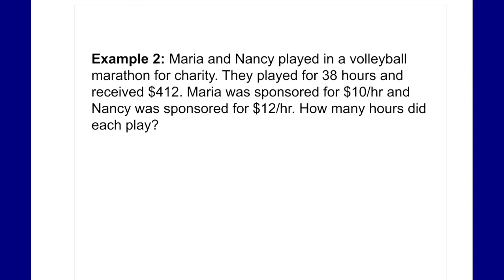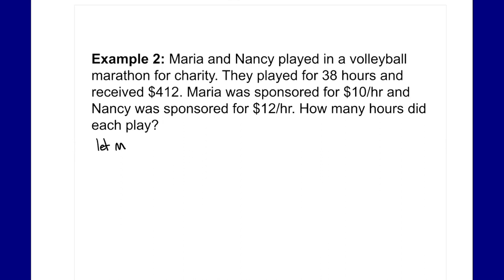So what we have to do here is we have to come up with our equations first. But before we come up with our equations, we need to figure out, okay, what are our variables? Right? What are our unknown values? What are our x and y values? So what we're going to do first is we're going to say let, and we can pick a letter if we want, or if it's helpful, we can leave it as x and y, whatever you prefer. But let's change it up a bit.